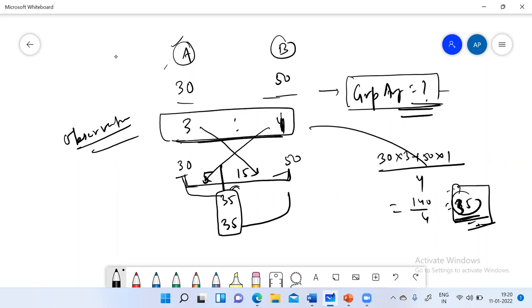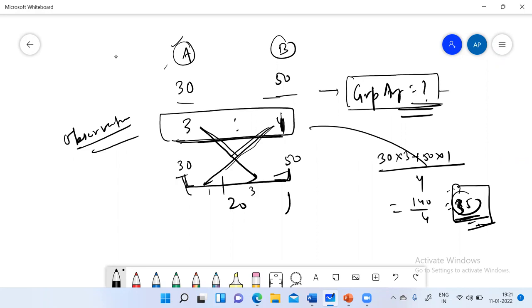तो हम ये बता रहे थे कि you just have to observe, वो 35 हम ऐसे भी अचीव कर सकते थे by dividing the gap into the same ratio in which members are there. अच्छा, ओके. तो अगर हम मान लो कि गैप है 20 का, हम इसको ऐसे डिवाइड करेंगे कि 3 इसको डिनोट करेगा, 1 इसको डिनोट करेगा, because the average value will be closer to 30. 1:3 में अगर हम डिवाइड करें तो क्या आएगा 20 को? 5 and 15.